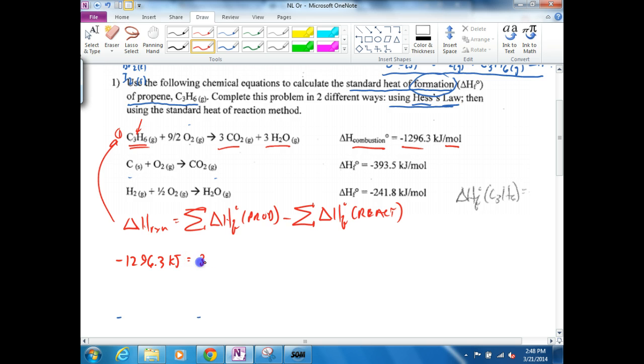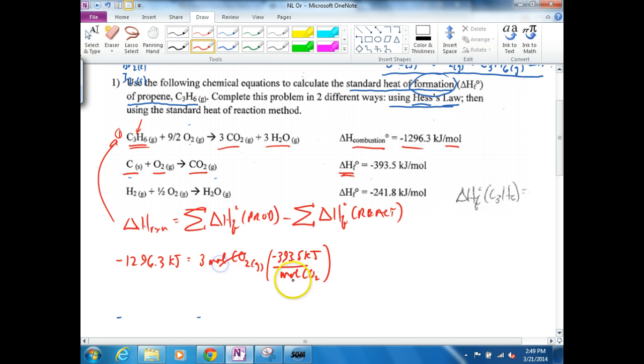Okay, so I need 3 moles of CO2 gas times the heat of formation for that. Well, what's that? They didn't give it to me. Oh, yes, they did. Look at this. Did you notice that this is actually the equation for the formation of CO2 from its elements in their standard states? Of course you did. So this is delta H formation, negative 393.5 kilojoules per mole, so it's going to be 3 times negative 393.5 kilojoules per mole of CO2.